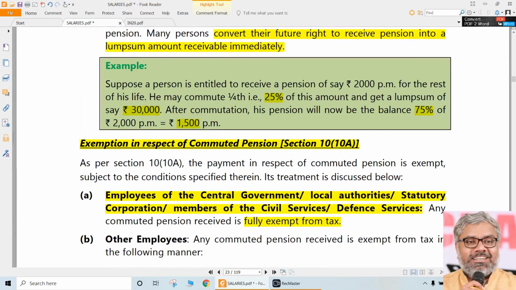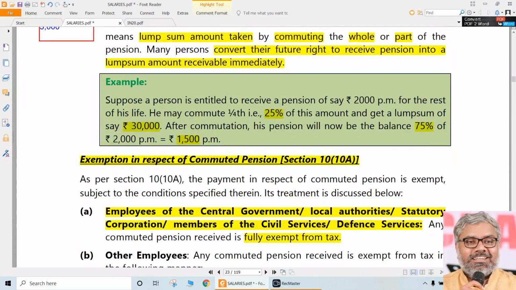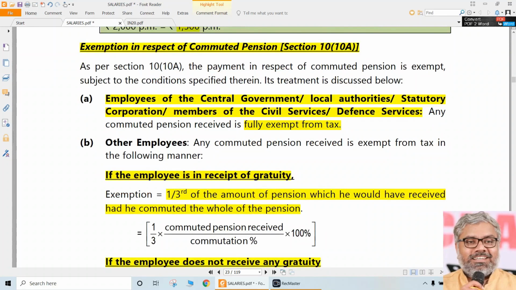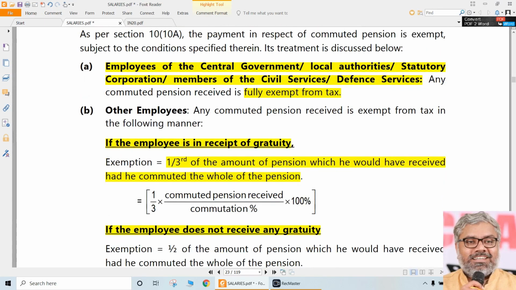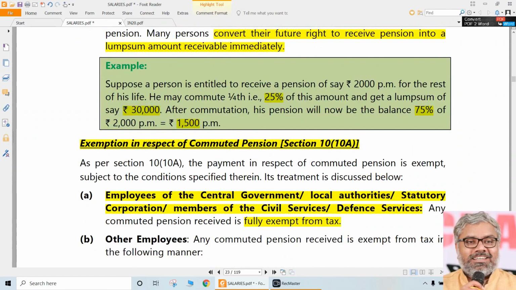So in this case, 30,000, if at all this guy is in receipt of gratuity, how much would be the maximum amount of exemption? 30,000 into 100 by 25, which comes to 1,20,000, into 1/3. 1,20,000 into 1/3 means 40,000. So can you get a 40,000 exemption when you received only 30,000?